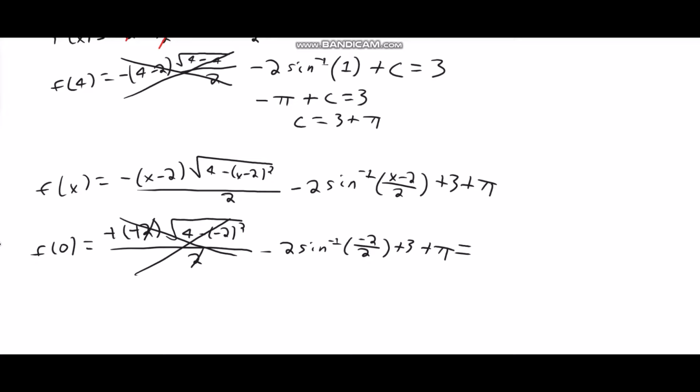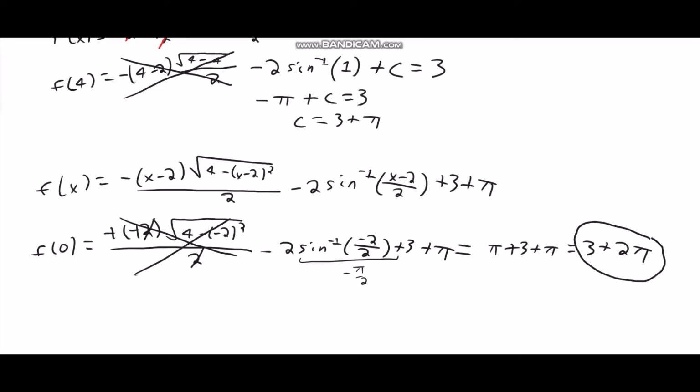The inverse sine of 1 was pi over 2, so the inverse sine of negative 1 is going to be negative pi over 2. You multiply it with negative 2, you end up with positive pi. And then we still have the plus 3 and the plus pi right here. And all in all, we get 3 plus 2 pi. And this is indeed the same answer that we got last time for f of 0.